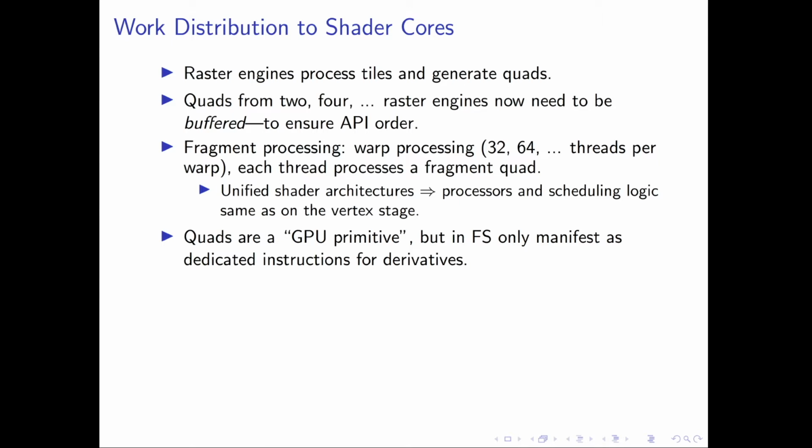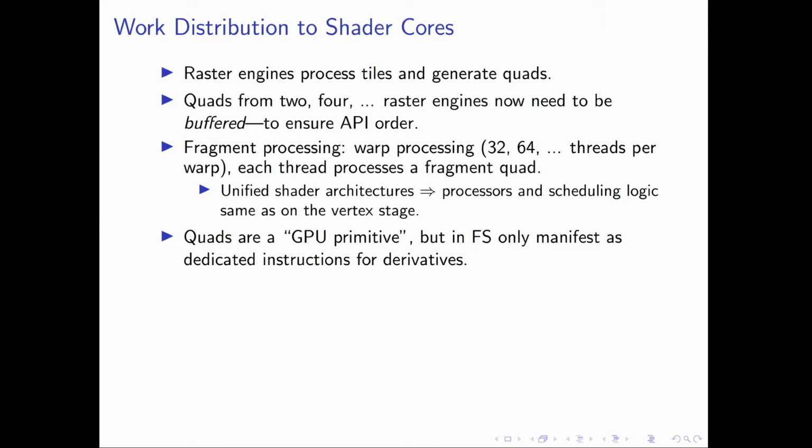And we already saw that the granularity of the parallelism as it is exposed by the raster engines is quite different from the granularity of the parallelism exposed by the vertex processors. We said that there's a work distribution phase, and that it's important that we maintain API order, so that the fragments the raster engines generate have the same order that the input geometry had with regard to visibility.